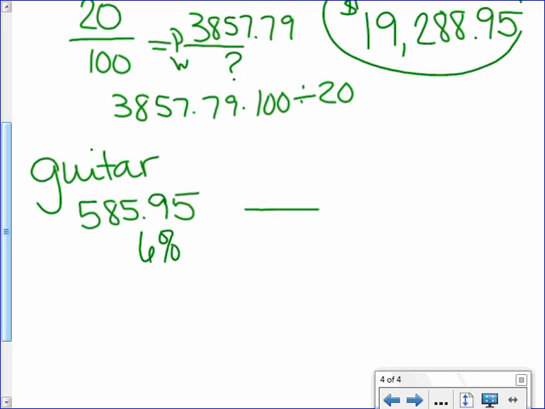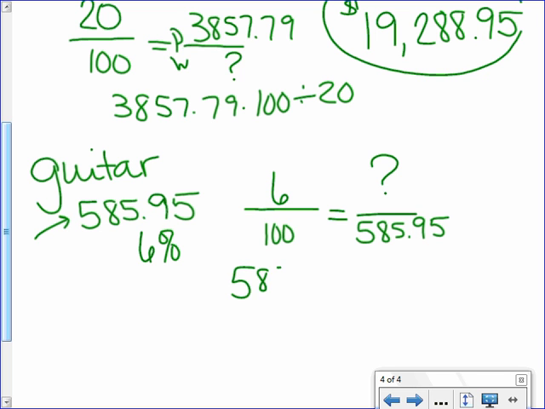Okay? Well, I know my percent, so it's 6 over 100 equals $585.95. Is that the whole or the part? It's the whole. So I need to find the part.